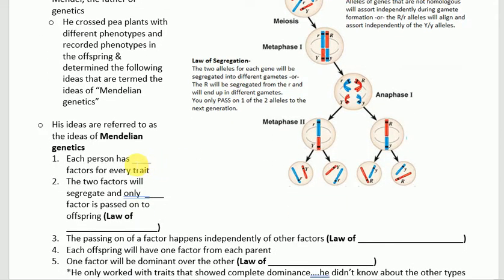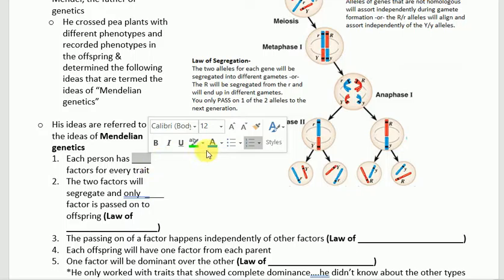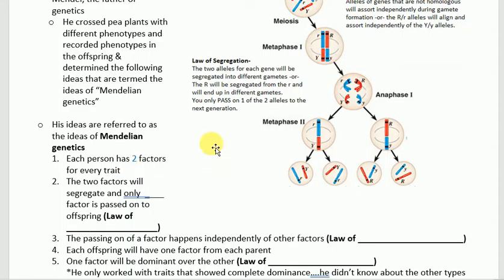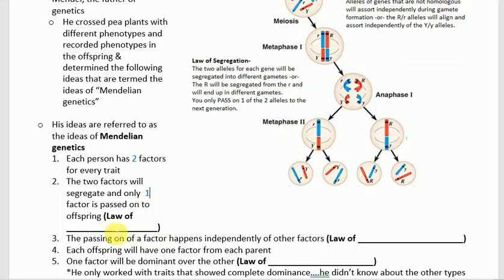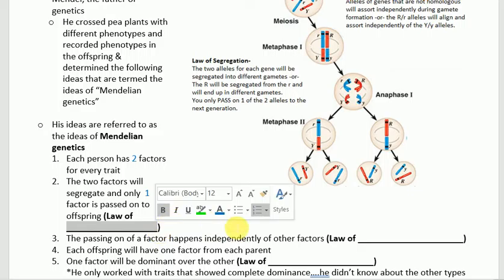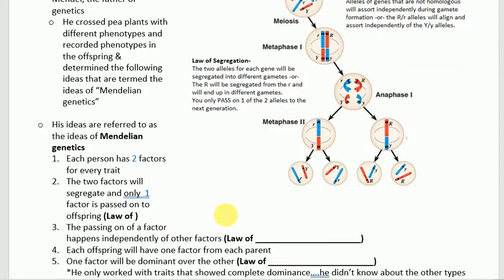What Mendelian genetics says is that each person has two factors for every trait. The two factors will segregate, and only one of those factors is passed on to the offspring. This is referred to as the law of segregation.